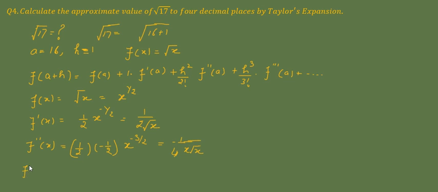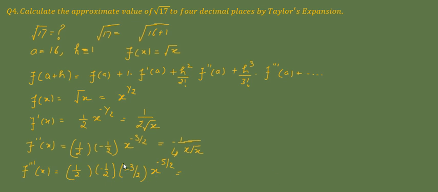Now just compute the third derivative at x. Again apply the power formula, 1 by 2 into minus 1 by 2 into minus 3 by 2 x raised to power minus 5 by 2. Just simplify this.